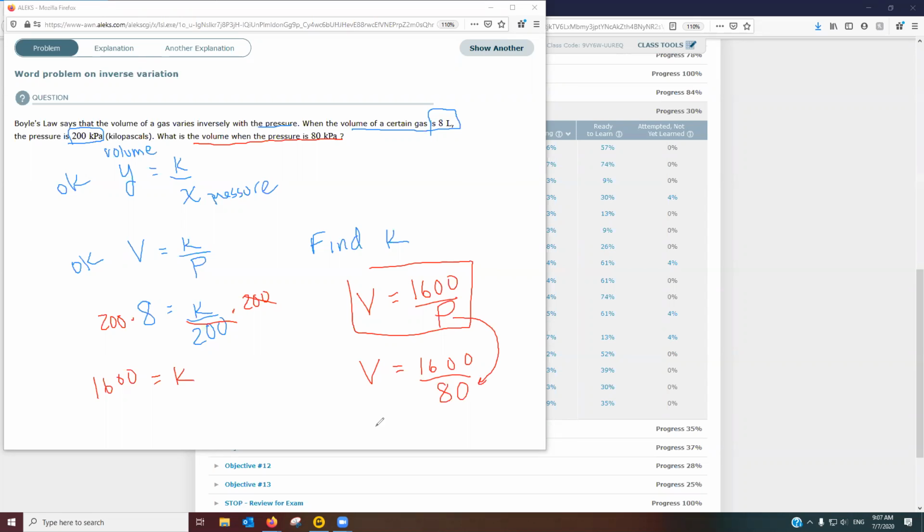And if I do that, it looks like v equals 20. Okay, so what this equation is telling me is as the pressure goes up, the volume goes down. So there's this inverse relationship.